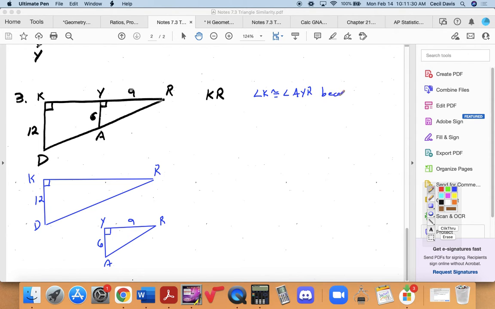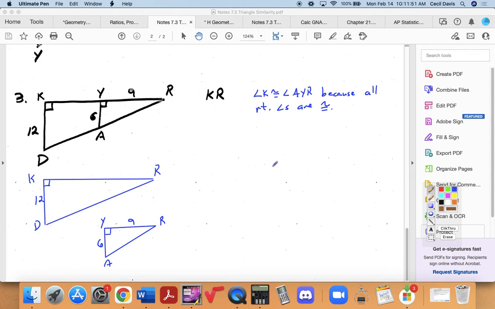Because, why? Yeah, because all right angles are congruent. It's practically given, but not quite.